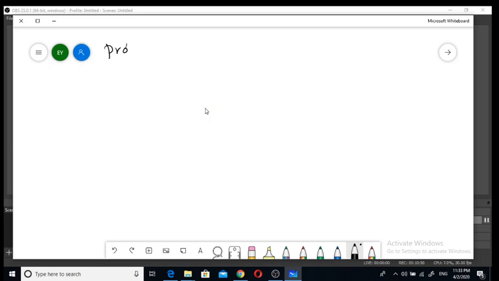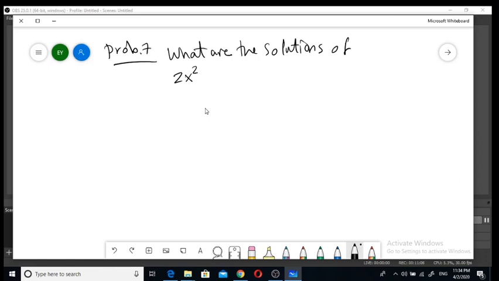Problem 7. What are the solutions of 2x squared minus 3x plus 5 equals 0?